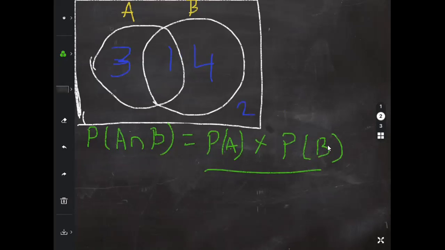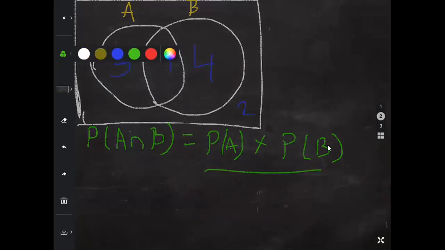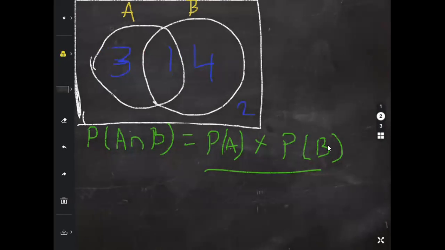So let's find the probability of A and B first. So we'll start up the top here, probability of A. So if we have a look, we got 3 and 1, 4 out of 10, which we know from our last example, and we simplify that down to 2 on 5. So we didn't really have to do any working out for this because we did it in our last example.